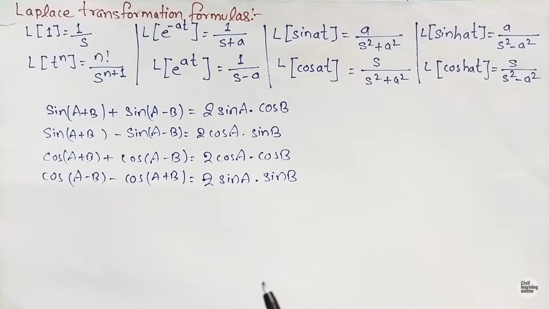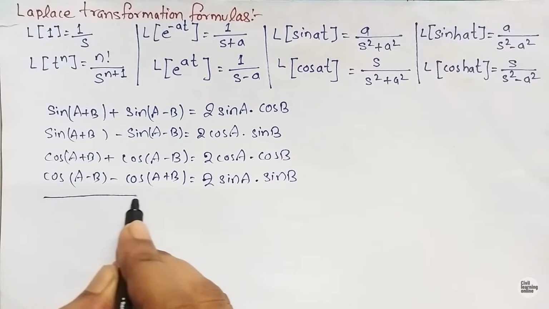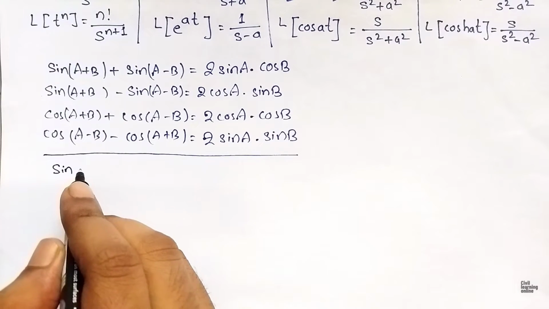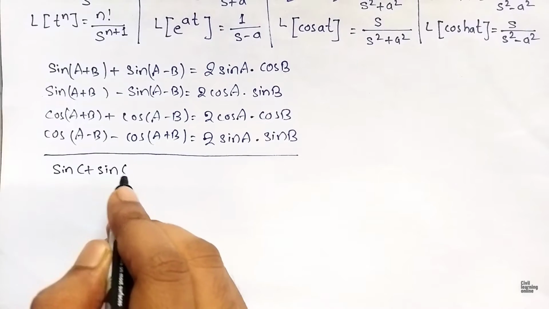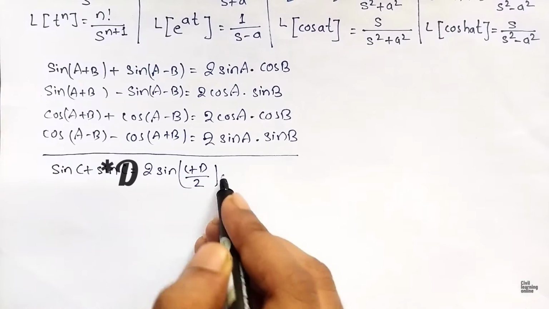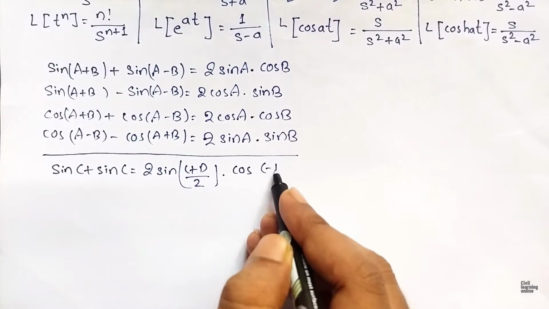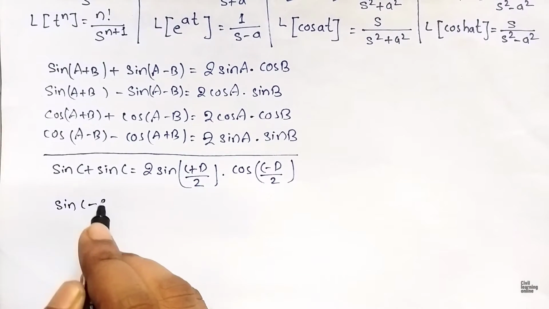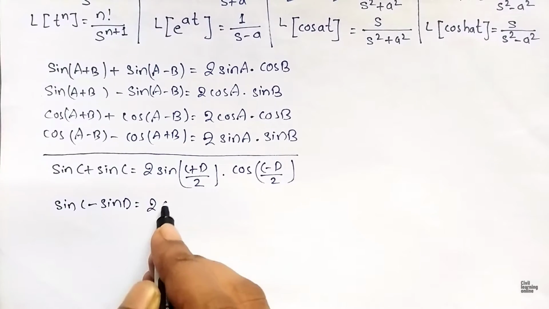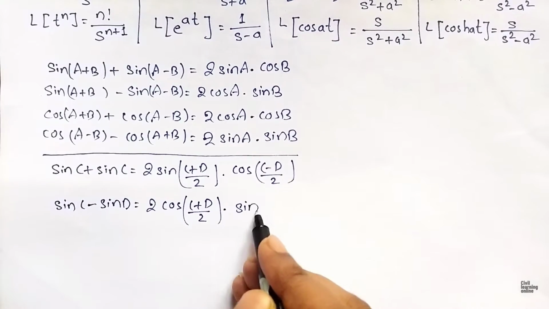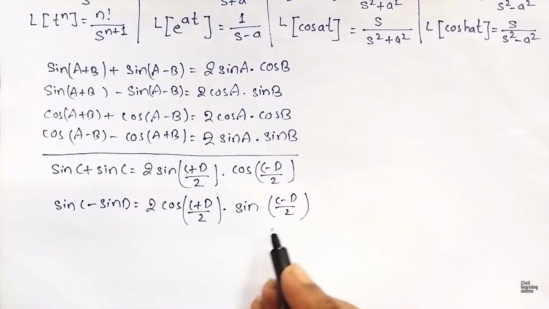Also, sine c plus sine d equals 2 sine c plus d by 2 times cos c minus d by 2. Similarly, sine c minus sine d equals 2 cos c plus d by 2 times sine c minus d by 2.